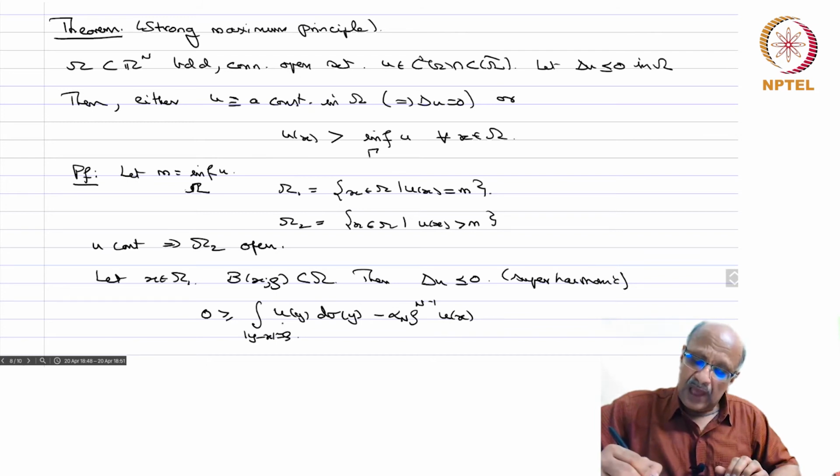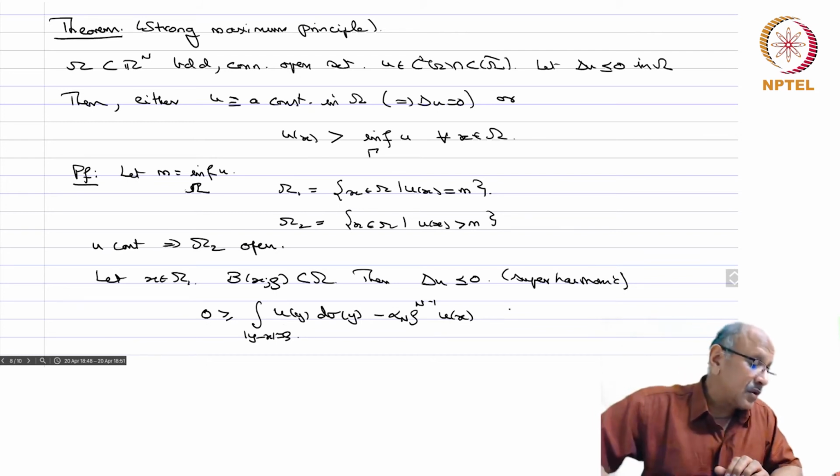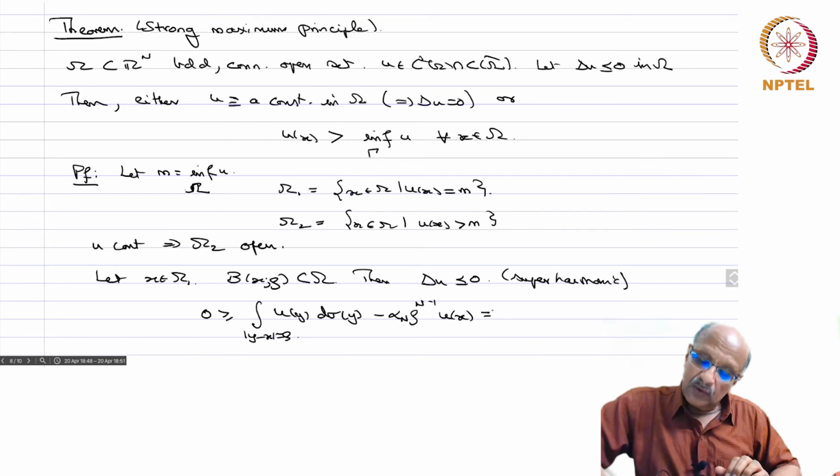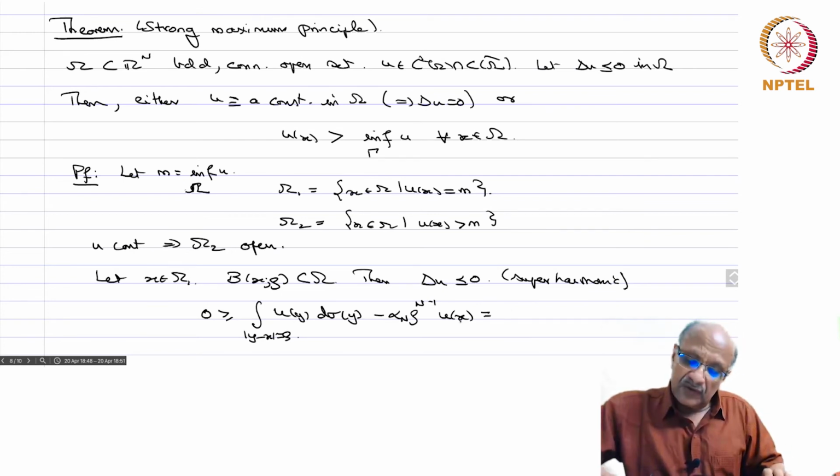So, average minus u(x) is less than or equal to 0, but u(x) is a constant, u(x) equal to m, because x is in omega 1.